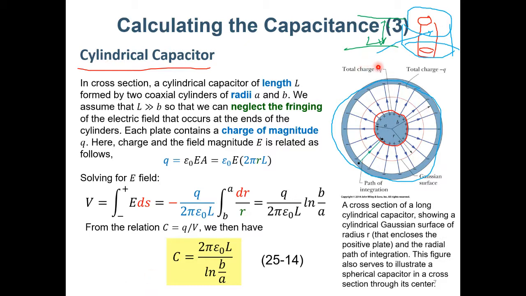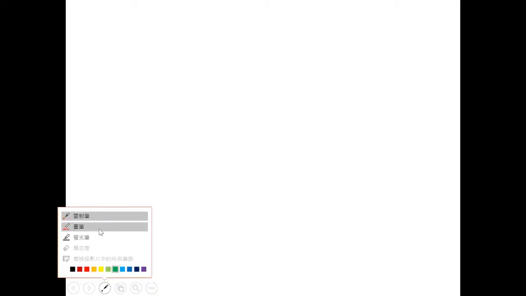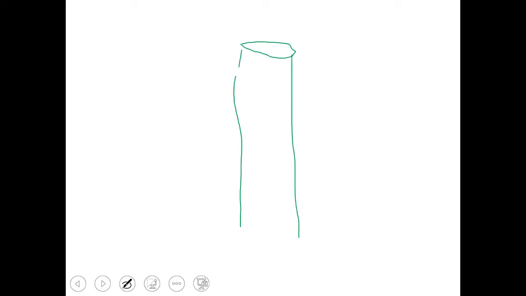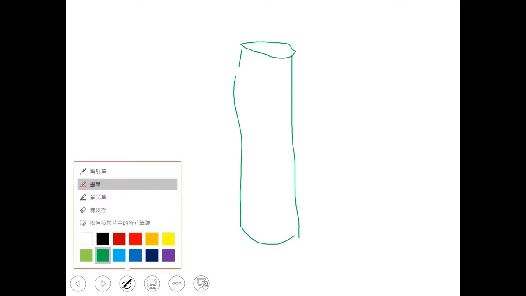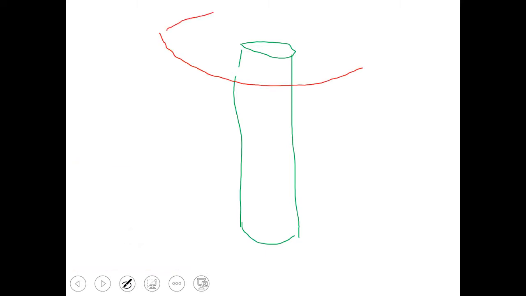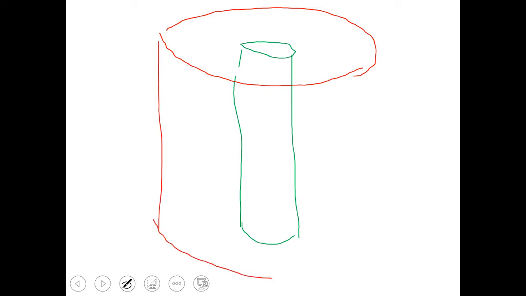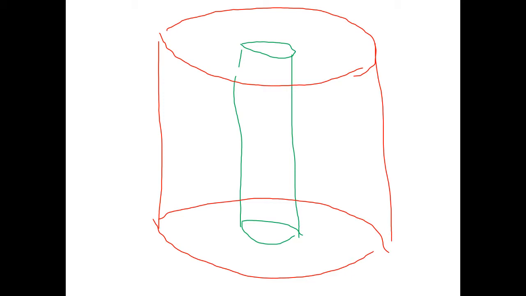Actually, it's something like this. The green one is the inner cylinder, and the red one is the outer one.